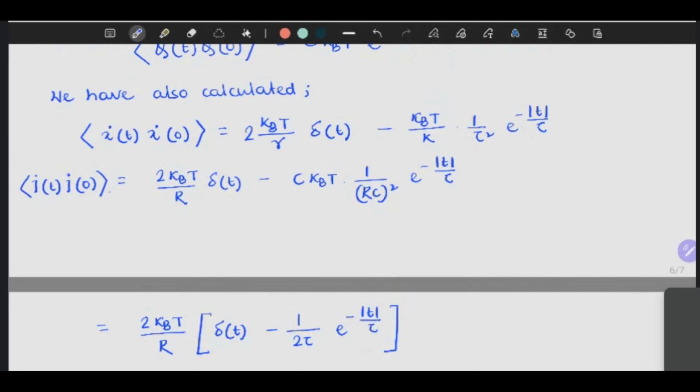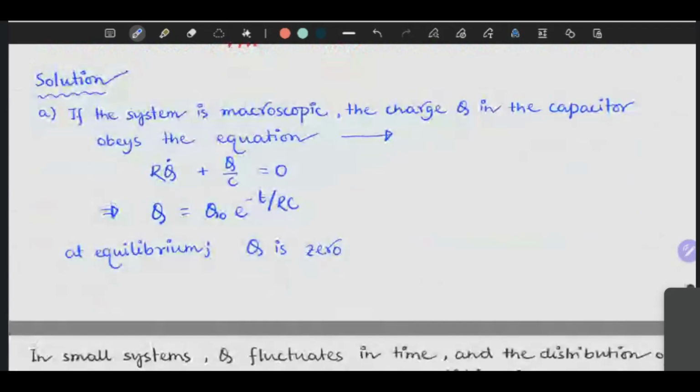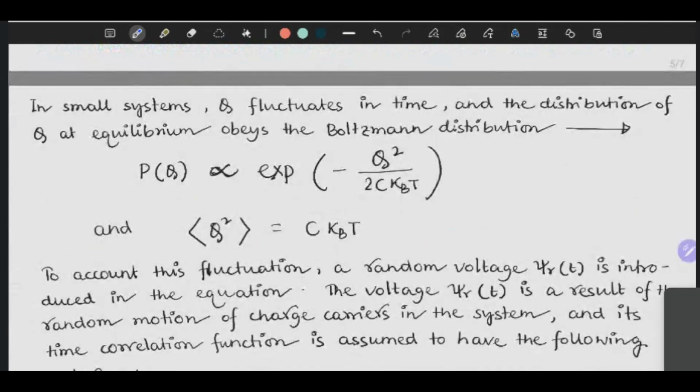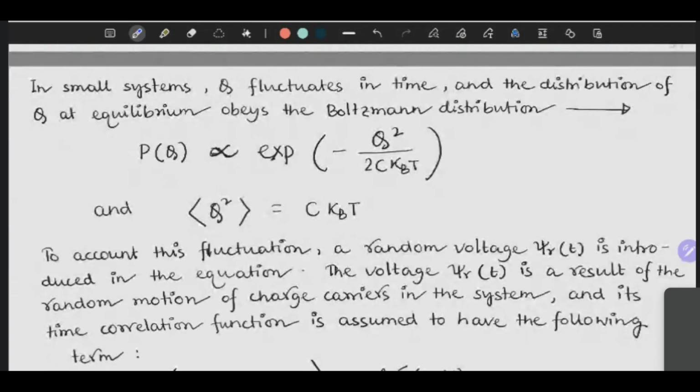So what we have done here, we wrote this equation and we got to know that at equilibrium it will be 0, and in a small system, if it is not macroscopic, q will fluctuate around the equilibrium.